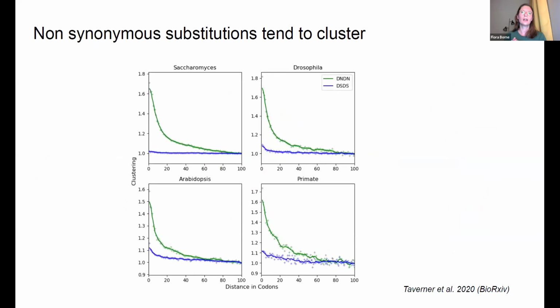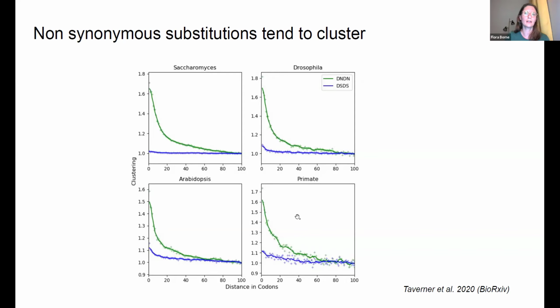And another clue for why we think that epistasis can play on protein evolution is this genome-wide pattern. We have shown it in a paper from the lab, but it has also been shown by other people, that non-synonymous substitutions tend to cluster.